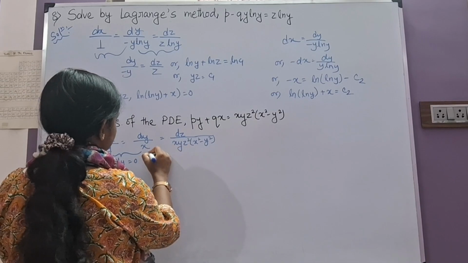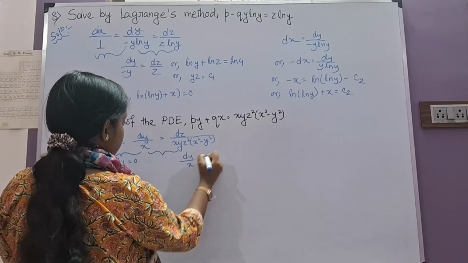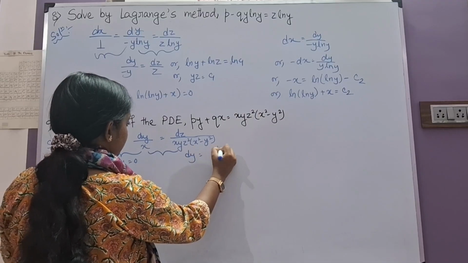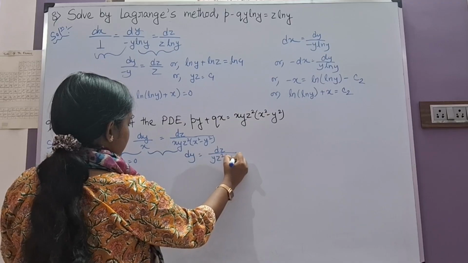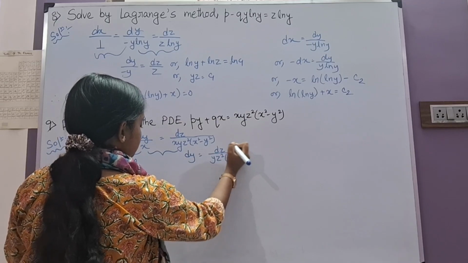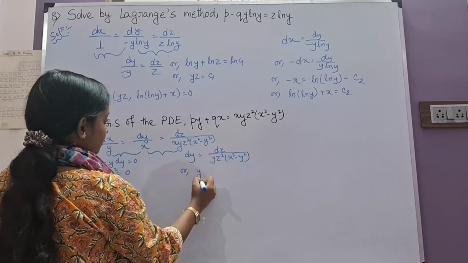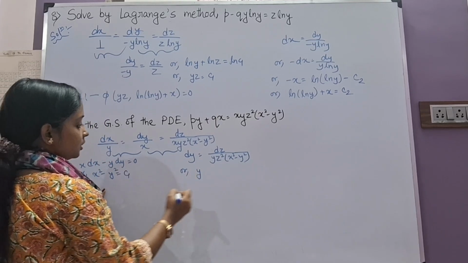Now we are going to choose the last two ratios. So dy by x, or you can directly write dy equal to dz by yz square x square minus y square, or y, sorry, here it will be c1.